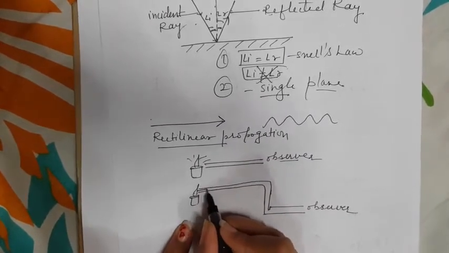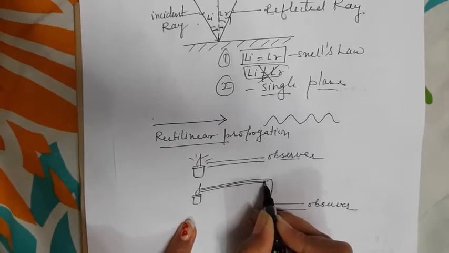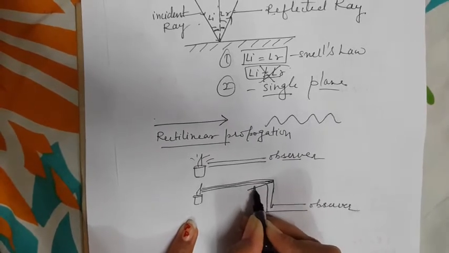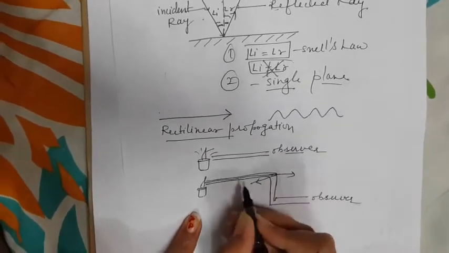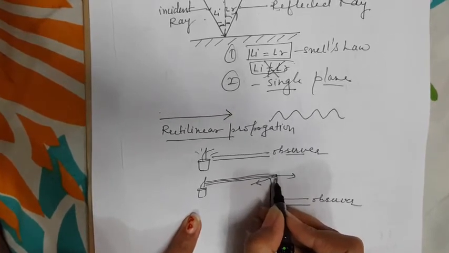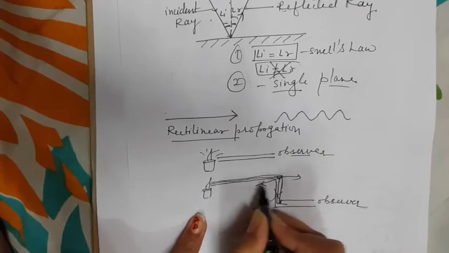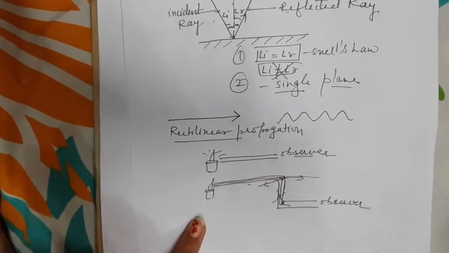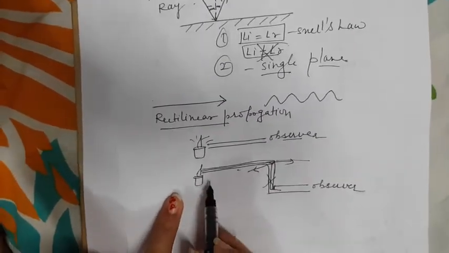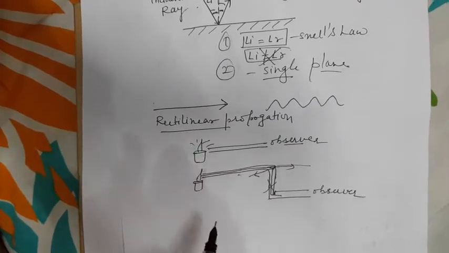Why? Because the light rays will come here, striking this point. Either they will reflect back or move out of the object. They will never travel this way. So by this activity we can say the light always travels in a straight line.